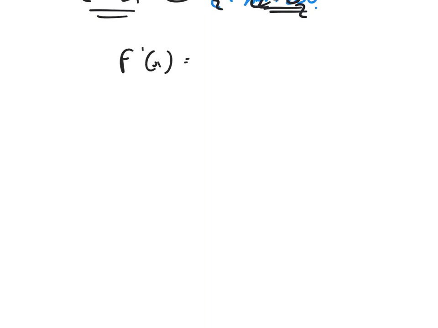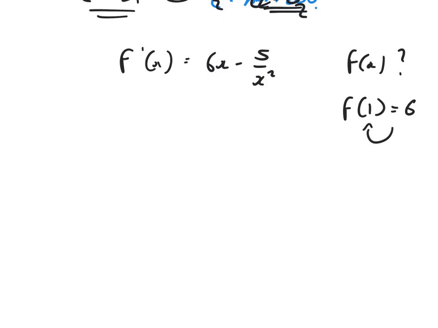F dashed x equals 6x minus 5 over x squared. Find f of x when f of 1 equals 6. So that's just saying that an x coordinate of 1 will generate a y coordinate of 6. Okay, so exact same as all the questions.